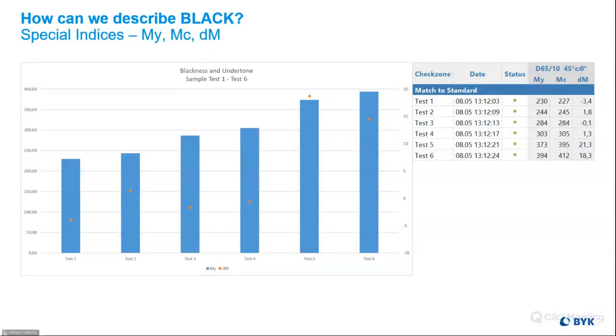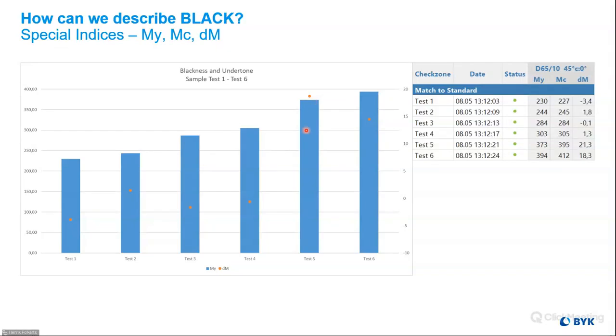So now, again, let's take another look at our sample set, test 1 to test 6. Now we have bar charts here instead of the spectral curves. The blue columns correspond to the average MY number after 50 measurements, and the corresponding y-axis is here on the left side.